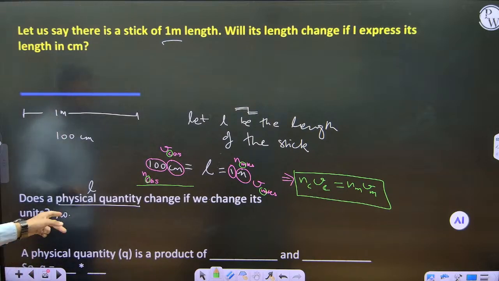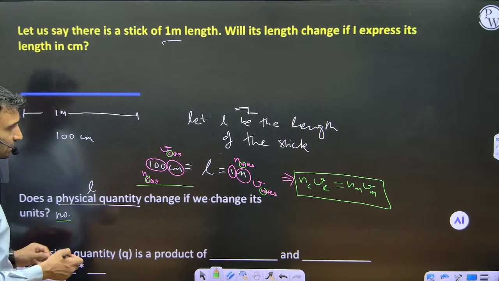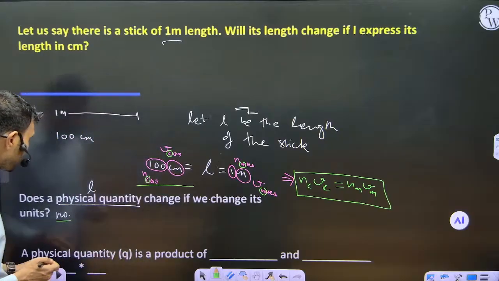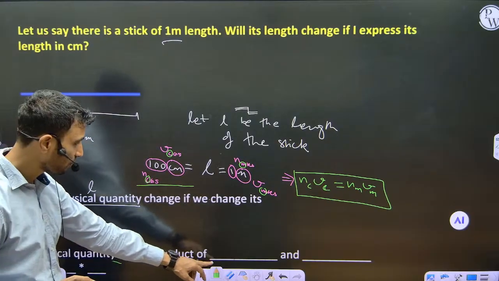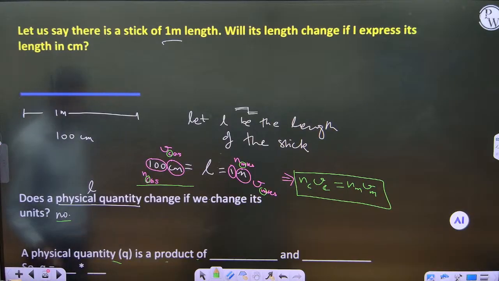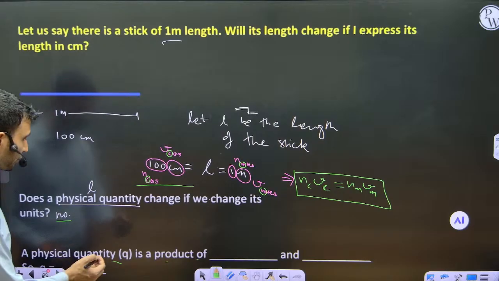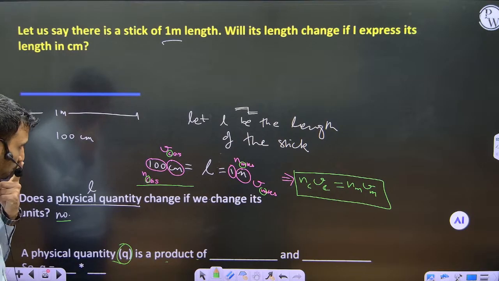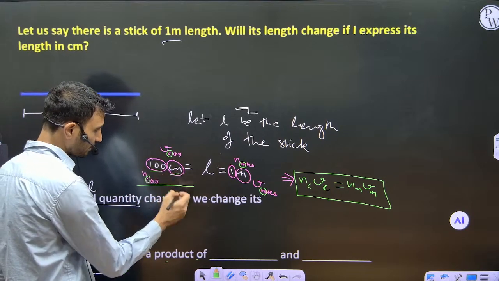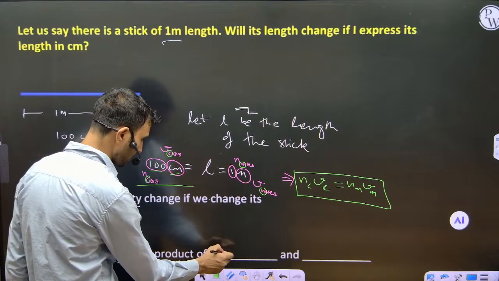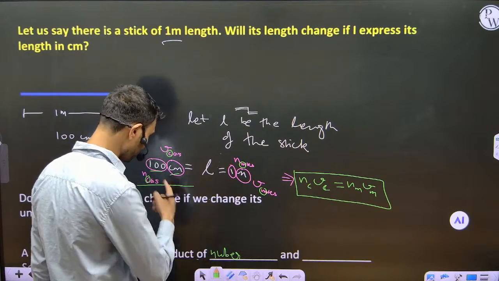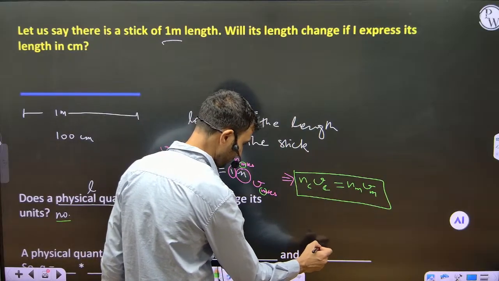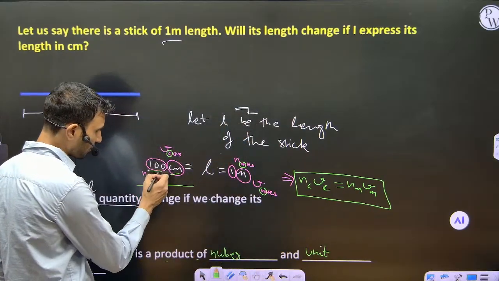So the question is, does the physical quantity change if we change its unit? The answer is no, and we get this formula out of here. Any physical quantity is a product of what and what? Any physical quantity Q is a product of a number and a unit.